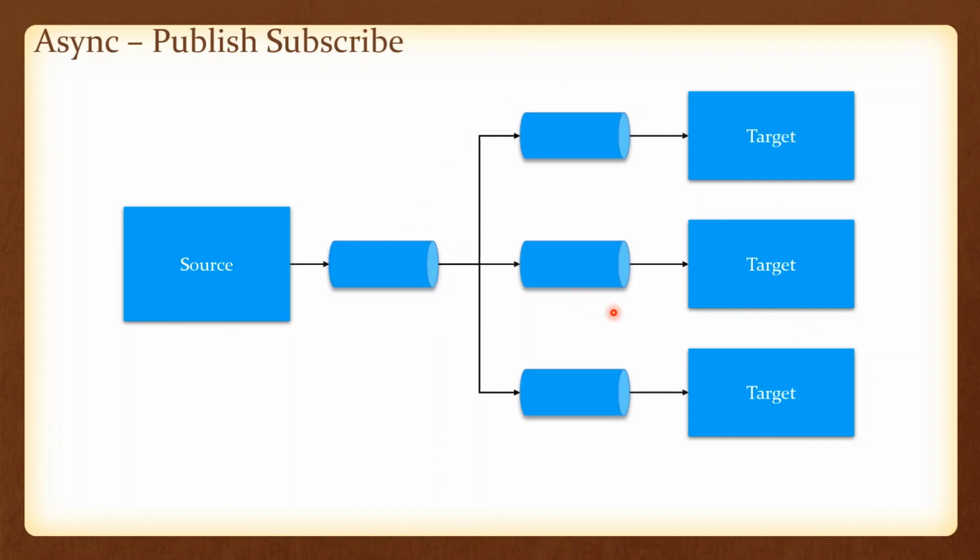So in such cases, you buy each of the targets their own subscription and the same copy of the message will be sent across the systems. And the example of this pattern, you know it obviously, is a topic where the same message copy is available to multiple target systems.